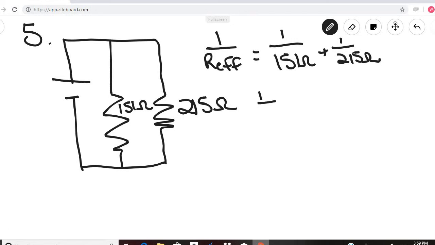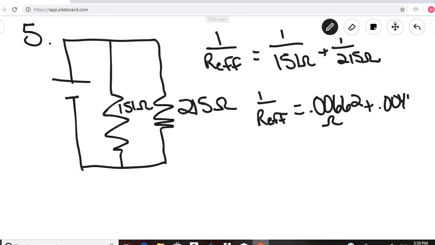So 1 over R effective is going to be equal to 0.00662. We need 3 significant figures. This is in ohms, plus 0.00465. So 1 over R effective.